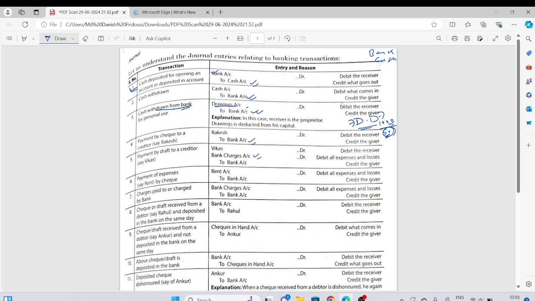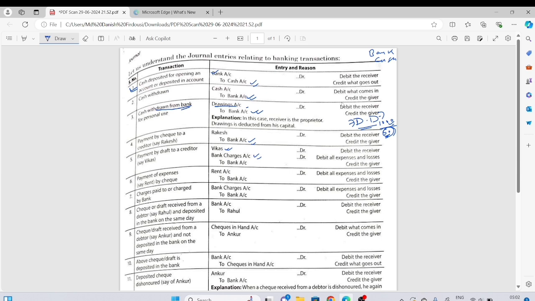If you pay through check, there is no charge by the bank. But if you pay through the draft, the bank will also take a few charges, and this charge will be an expense for you, not for the bank. So here what entry will we pass? We will pass creditors account debit, bank charge account debit to bank account.